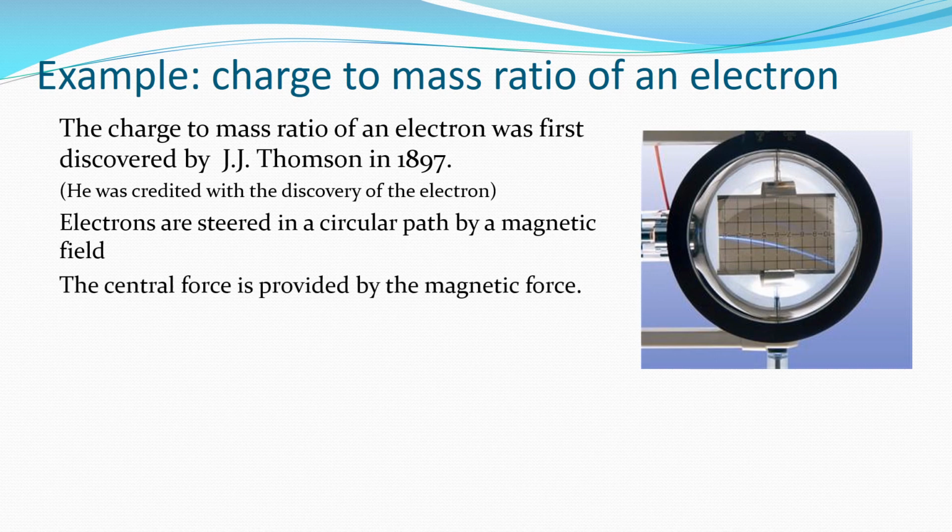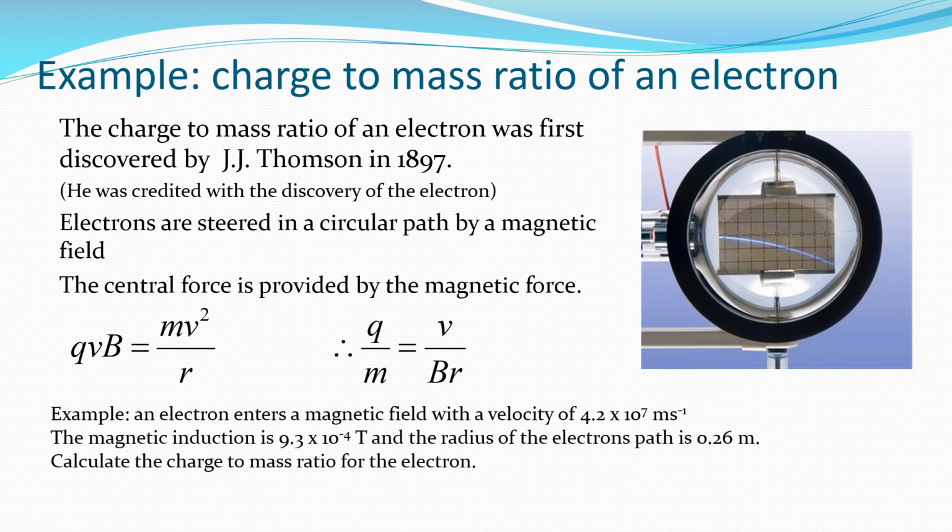The central force is provided by the magnetic force, and as with the previous example, the mass spectrometer, we are looking at QVB, the force due to the magnetic field, being equal to the central force acting on the particle. Therefore, Q over m, the charge to mass ratio, is equal to the velocity divided by the magnetic induction and the radius as a product.